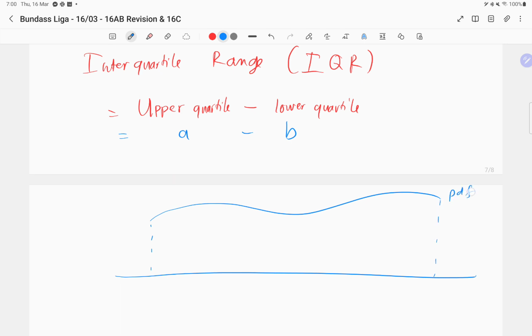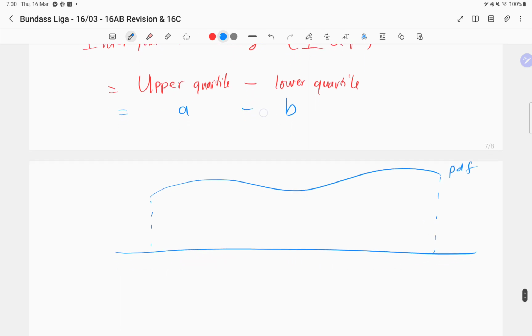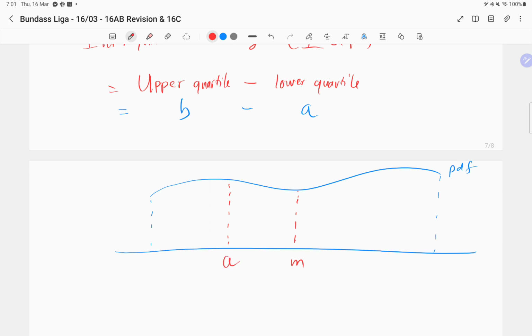We learned the median is the value that chops the area in half, half on the left, half on the right. For the lower quartile, they use this one as B minus A, so you find the lower quartile first and the upper quartile. The lower quartile is half of the lower half, which is what Sahal said earlier.